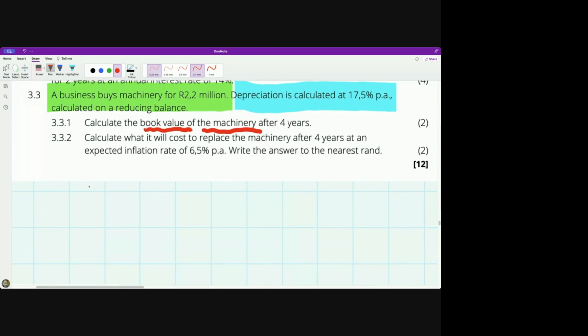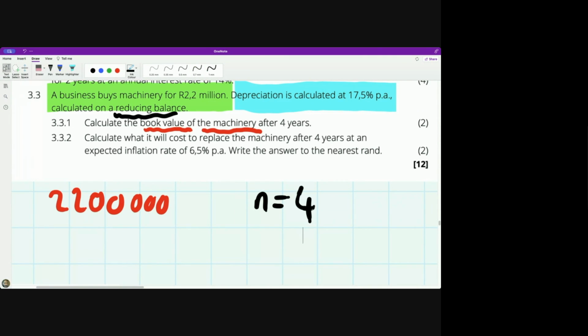So basically, it starts life being worth 2.2 million rand, or 2,200,000. We are using the reducing balance method. What is that machinery going to be worth after 4 years? I want you to work that out for me.